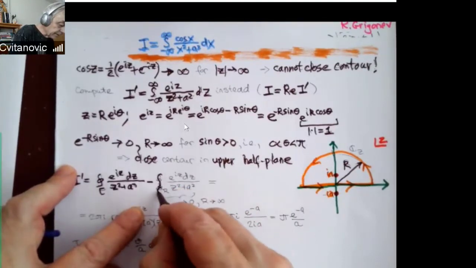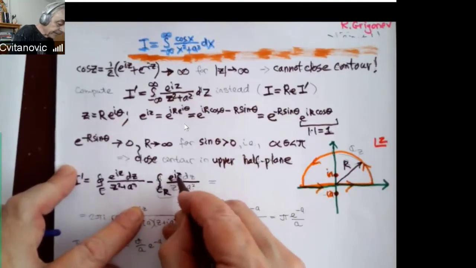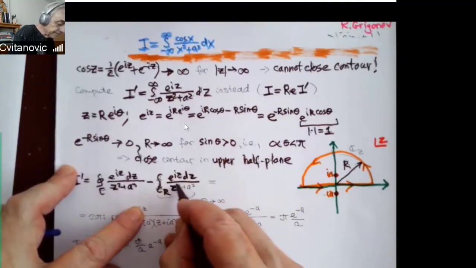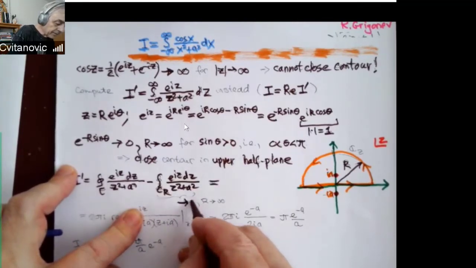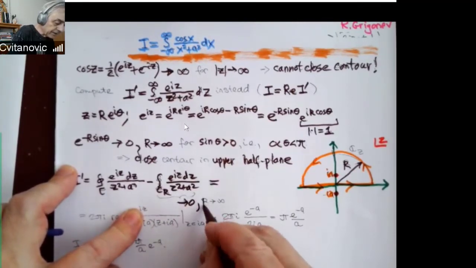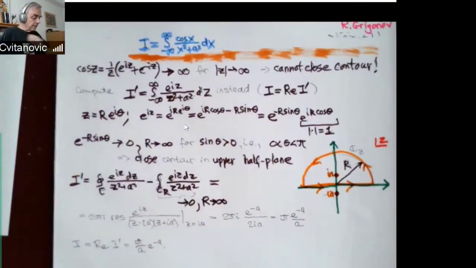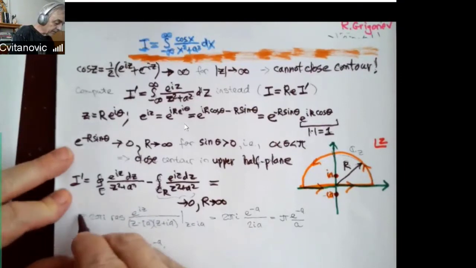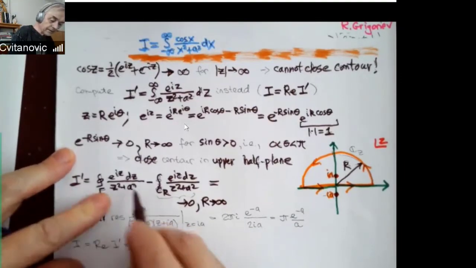So I have to subtract that part. But that costs me nothing because that contribution is zero for a very large circle. So residue calculus says, well, there's a residue, it's at this pole.